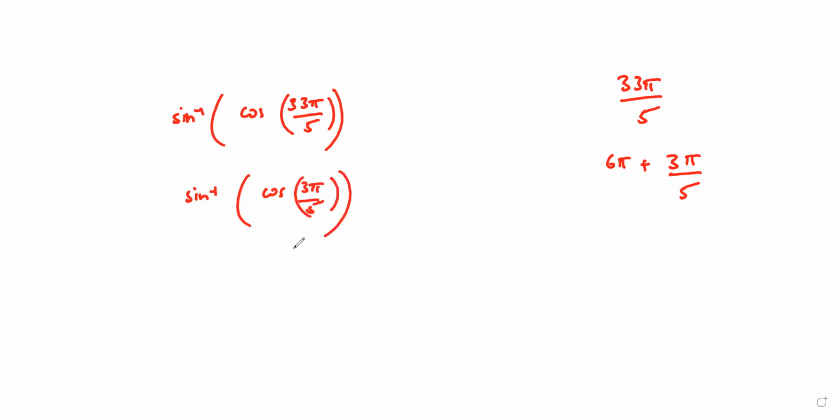6 pi is nothing but 3 times 2 pi, so the angle is in the first quadrant. Can I write it as sin inverse of sin of pi by 2 minus 3 pi by 5? Cos theta is sin of 90 minus theta.